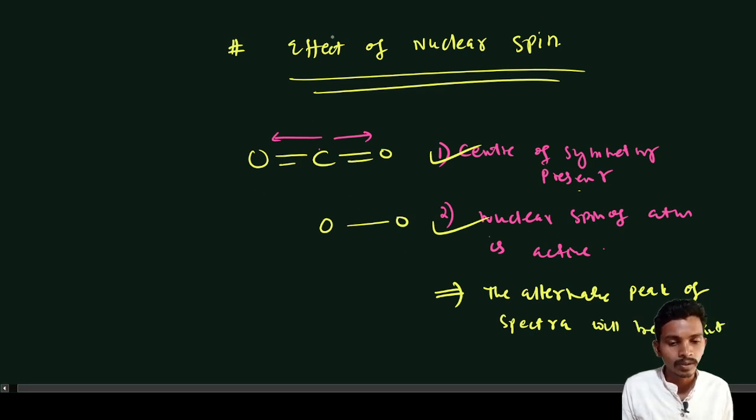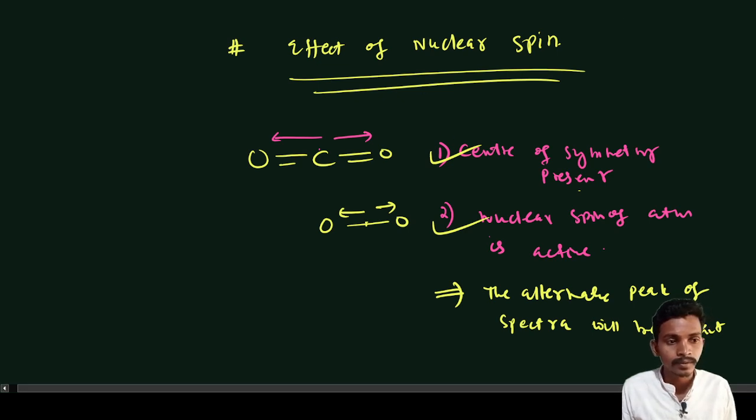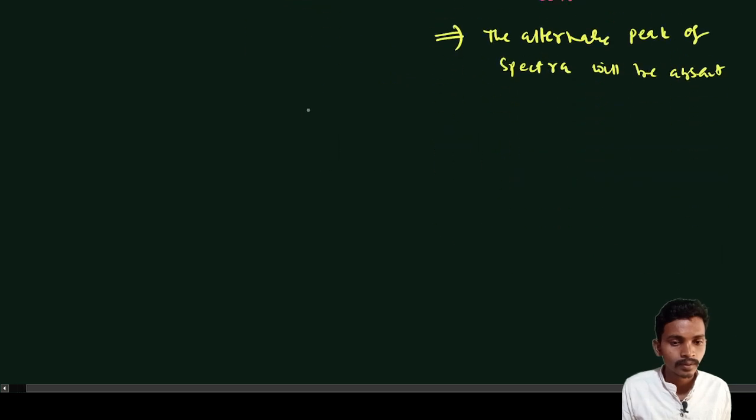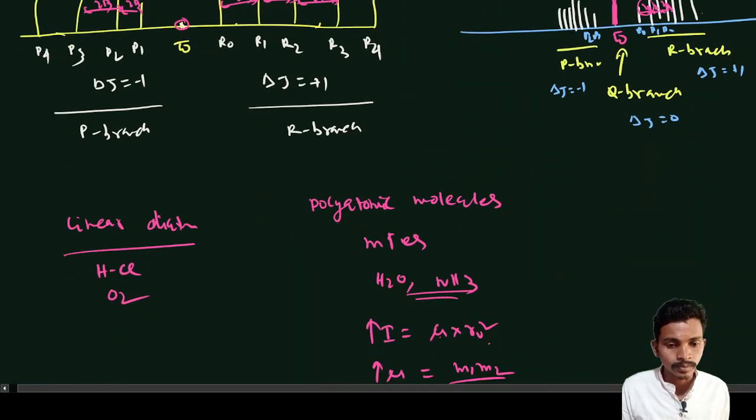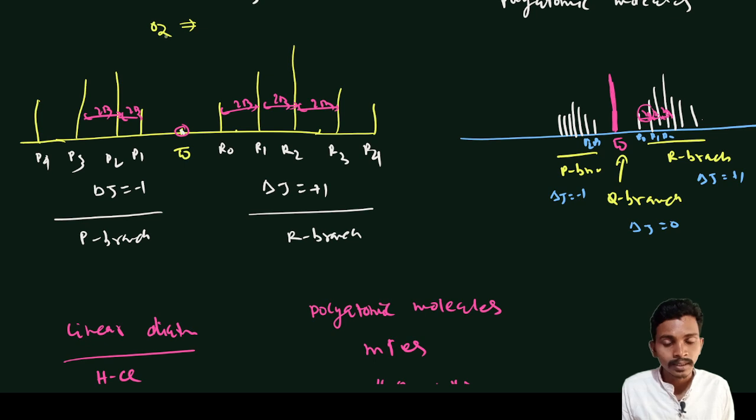It means that in any molecule, here also you see the center of symmetry is there and the nuclear spin of oxygen is also active. So here also the alternate peak of the spectra will be absent. Let's say for O2 molecules, since the center of symmetry is present and oxygen nuclear spin is active, the alternate spectra will be missing.